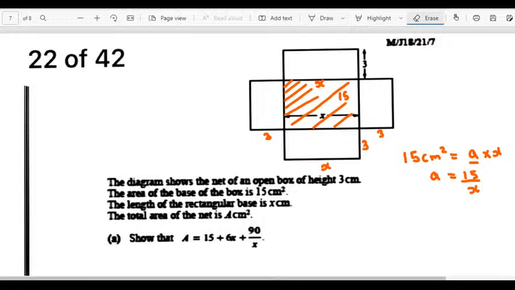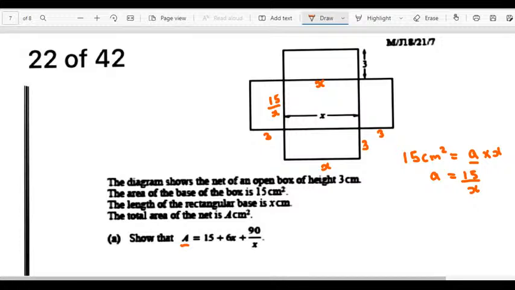Right? So I'll write down A in terms of x. That would be 15 by x, right? Did you understand this? Yes, ma'am. Okay, very good. Now we need to show that A is this.